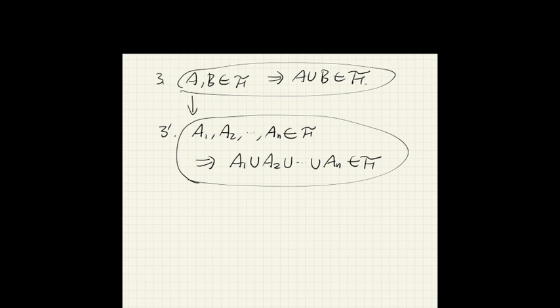By the way, this union of many subsets can be written as this, the union from K equals 1 to N of A K. So this is the same as this.